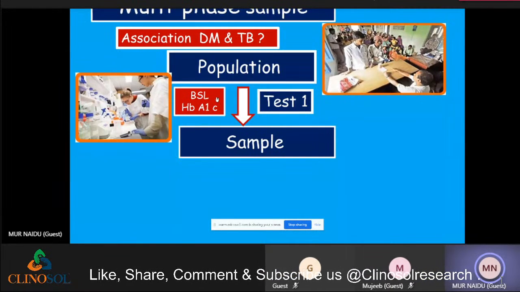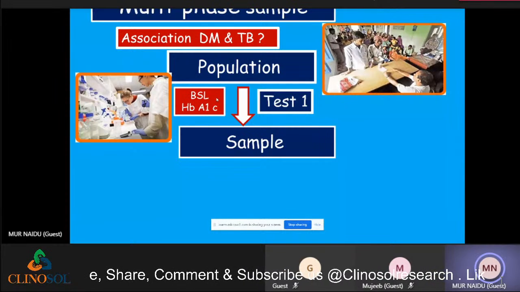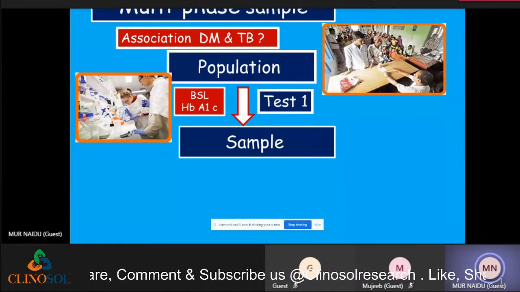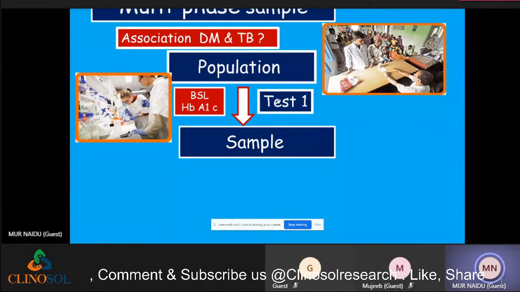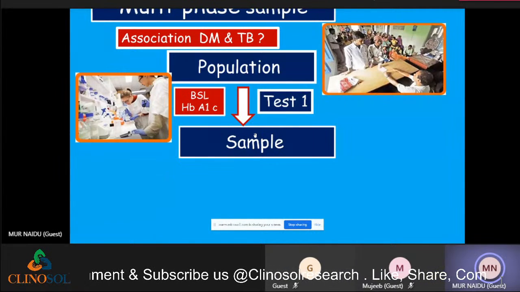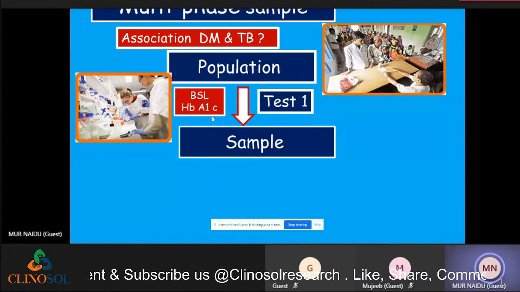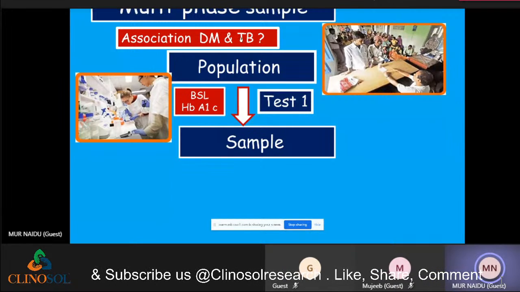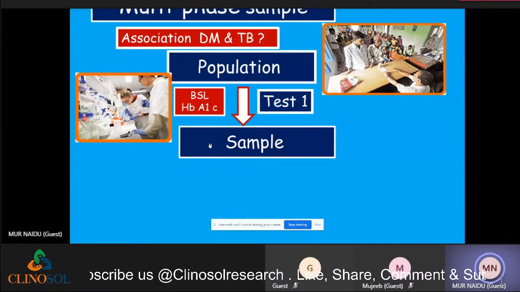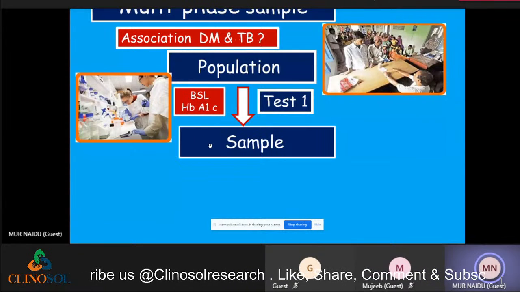I know that with glycosylated hemoglobin more than 7 or blood sugar level more than 200, they are diabetic. I do the first test, and I get the people who are diabetic. Now I want to see how many of them, after this sampling, have tuberculosis.